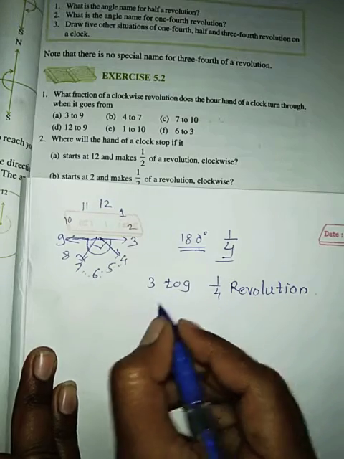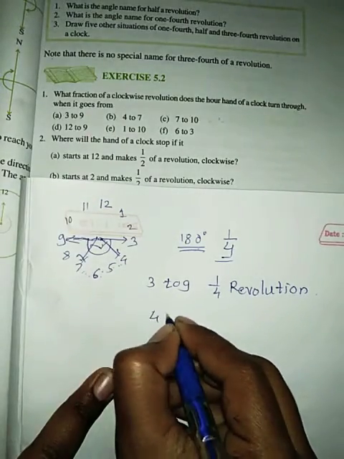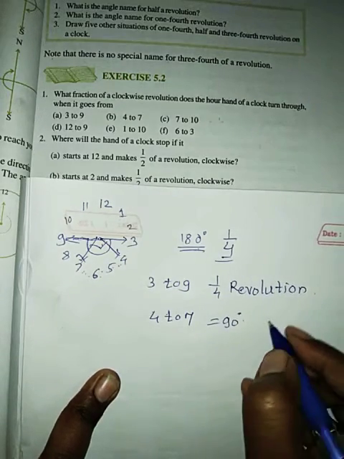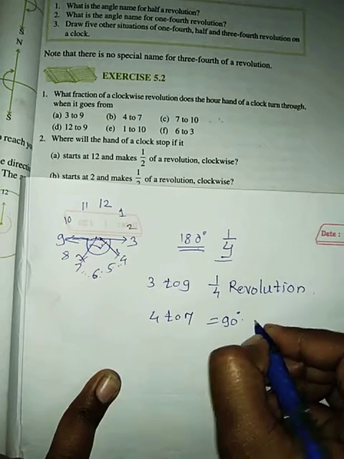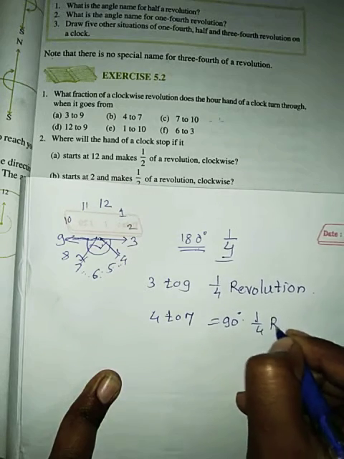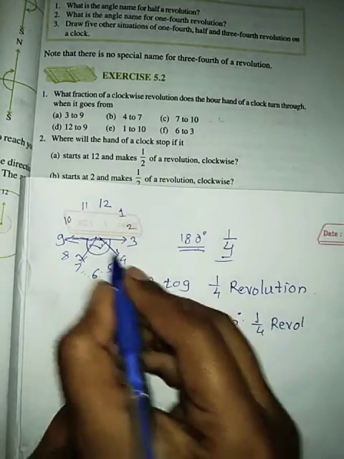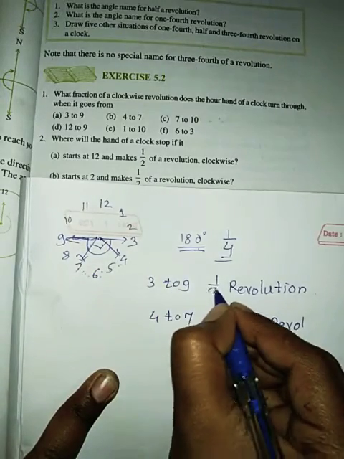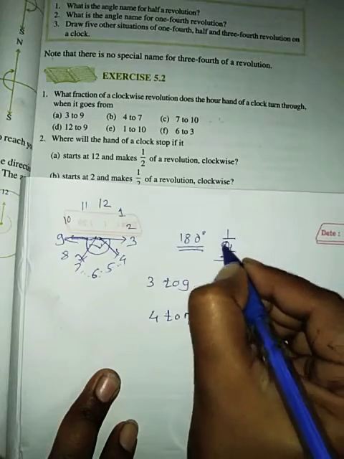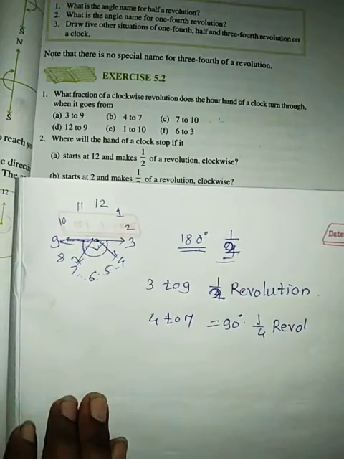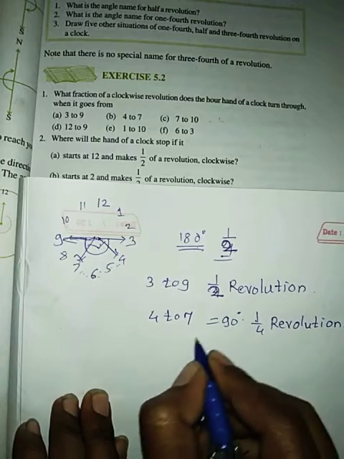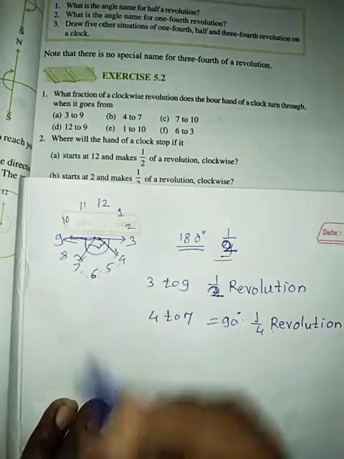So 90 degrees means 4 to 7. 90 degrees means again 1 by 4th revolution. See here, 3 to 9 means straight angle, so 1 by 2 revolution is there. Sorry for that. Straight angle, 1 by 2 revolution. And here it is 1 by 4th revolution, 90 degrees.